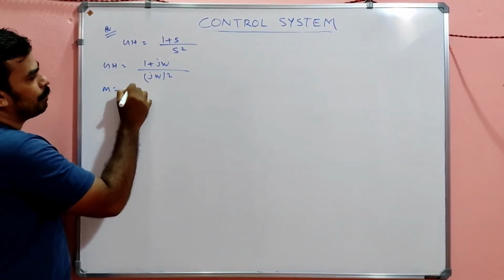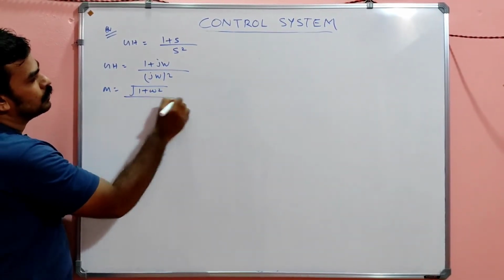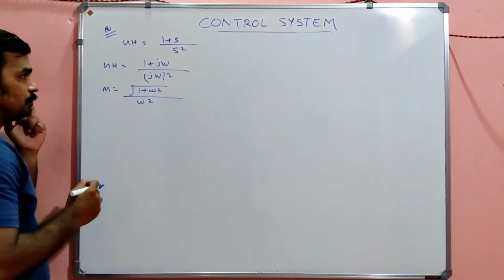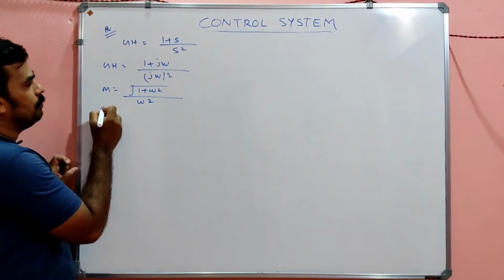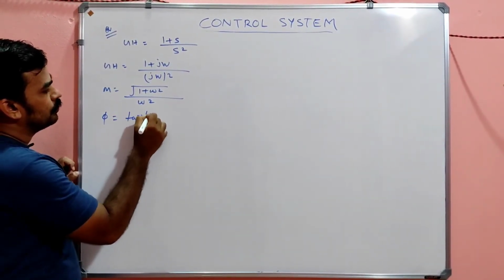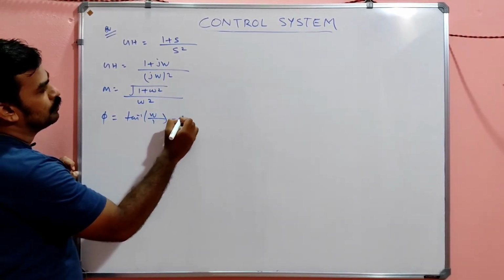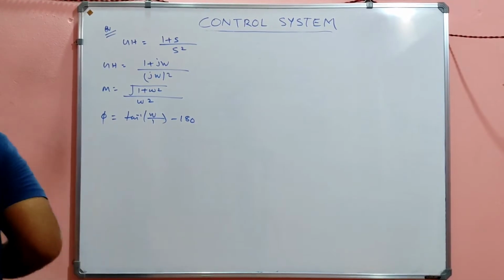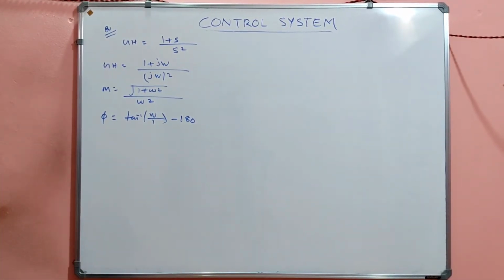Magnitude will be the numerator divided by omega square. Then what will be the phase? Phi is equal to tan inverse omega minus 180, because of j omega square. So it will become minus 180.